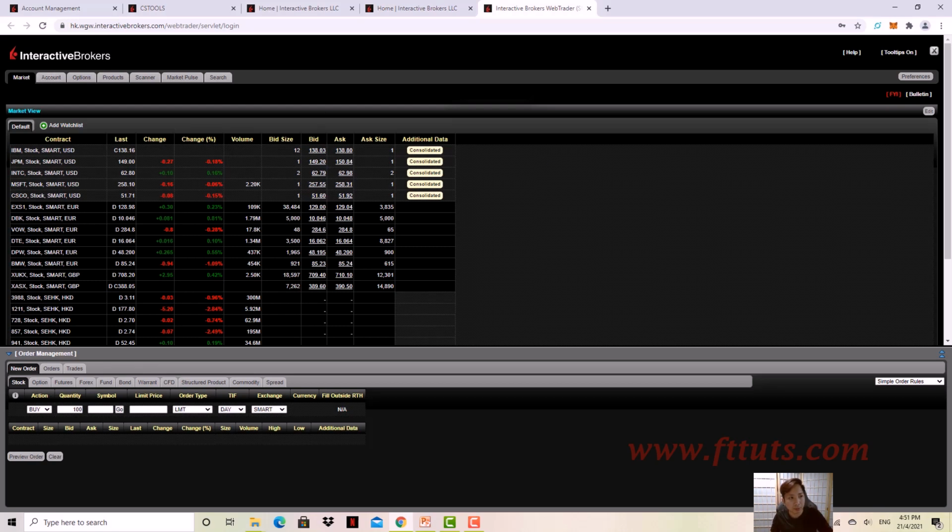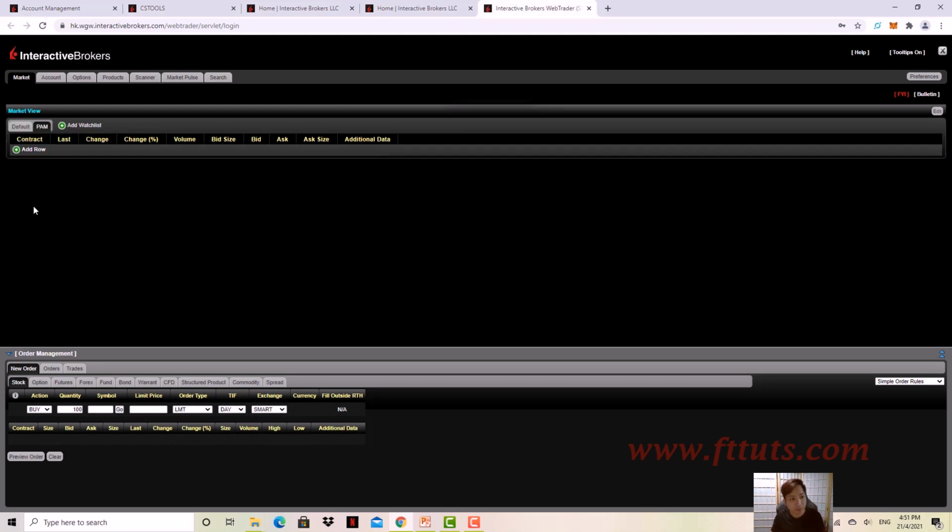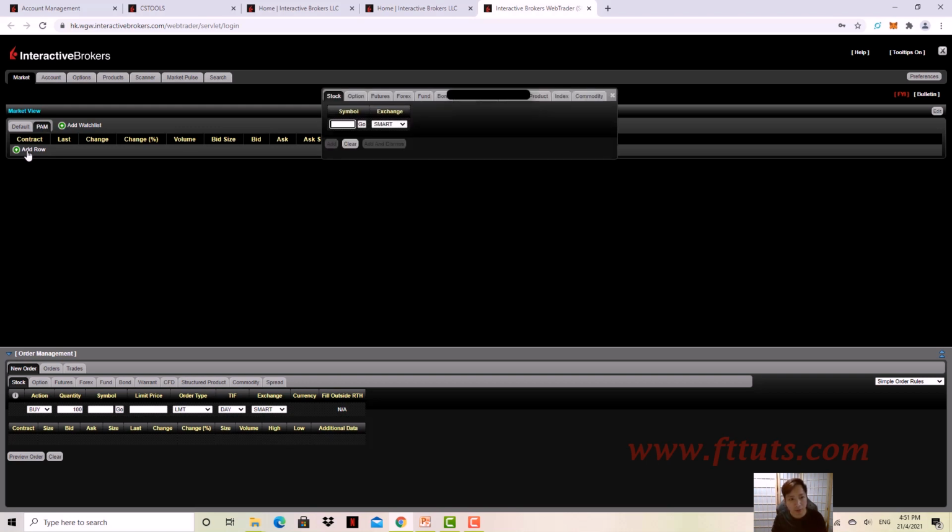Under market view, you can add a watch list. You can add a new watch list and maybe call it PAM, and then press enter. Then you can add any other stocks or products you are watching: just click on add row here.